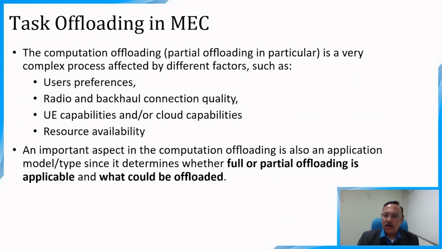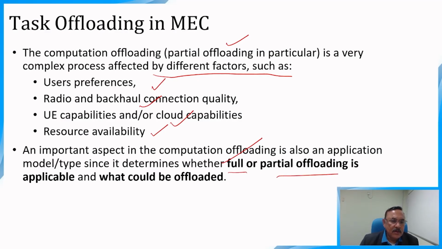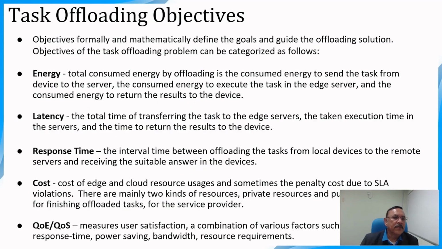Partial offloading is a very complex process affected by various factors such as user preferences, radio and backhaul connection quality, user equipment capabilities, cloud capabilities, and resource availability. An important aspect is also the application type, since it determines whether full or partial offloading is applicable and what could be offloaded.